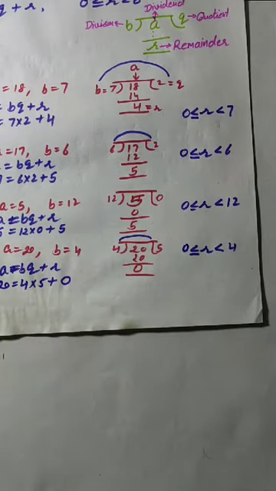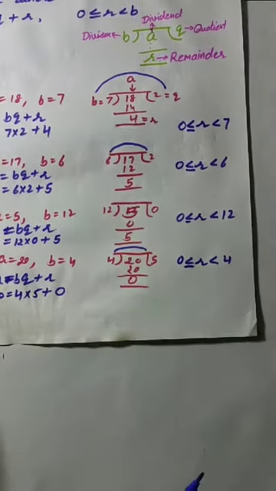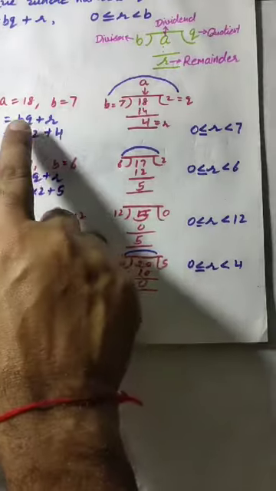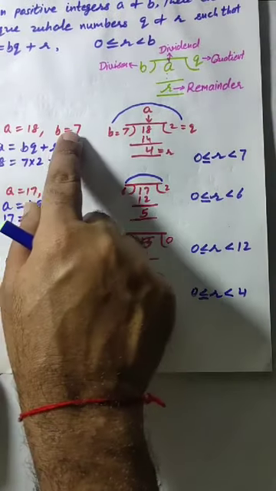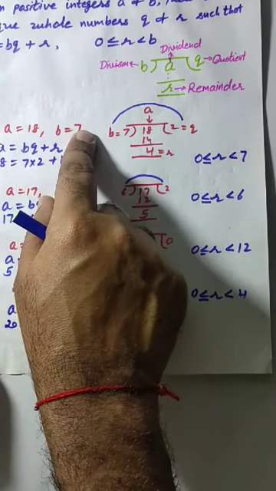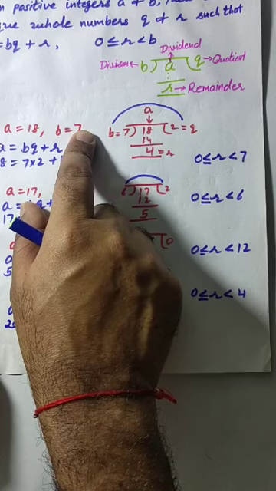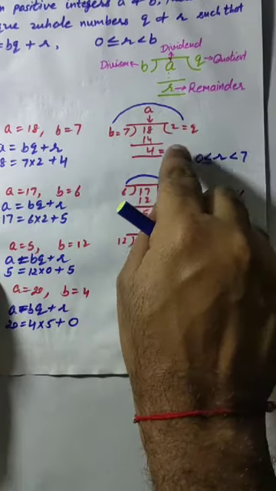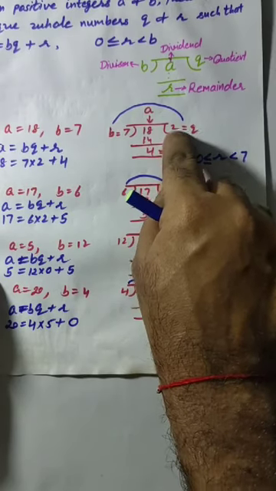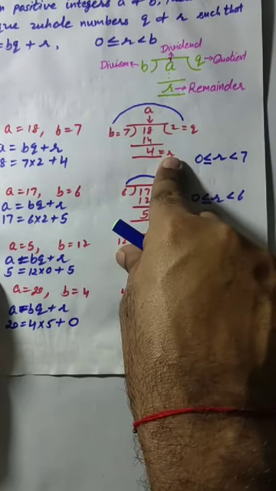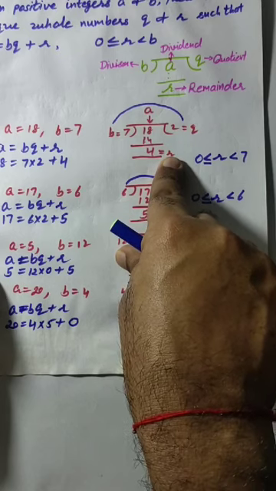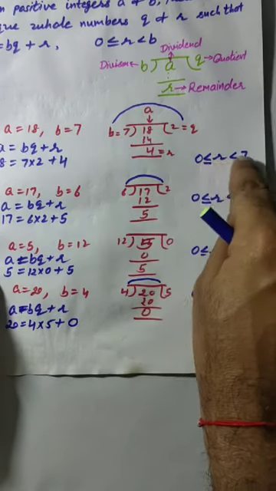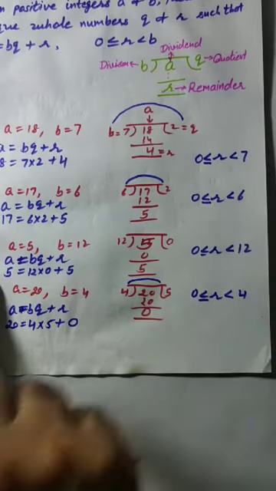So we conclude from these 4 examples that if we take any two positive integers a and b, then there must exist two unique values q and r, that means quotient and remainder, such that r will always lie between 0 and b.